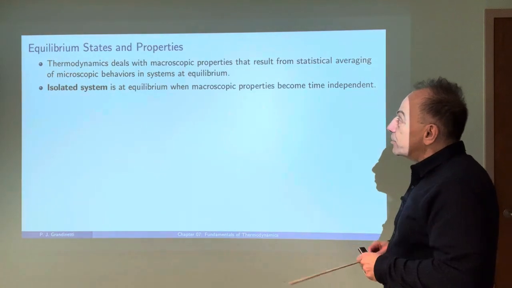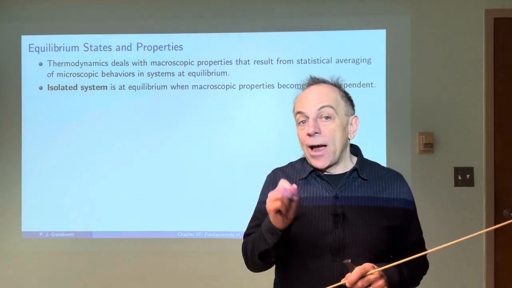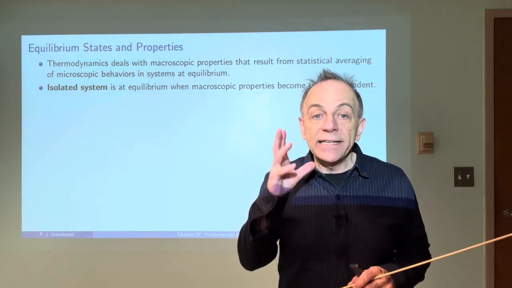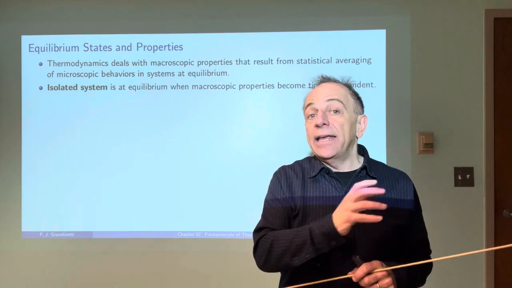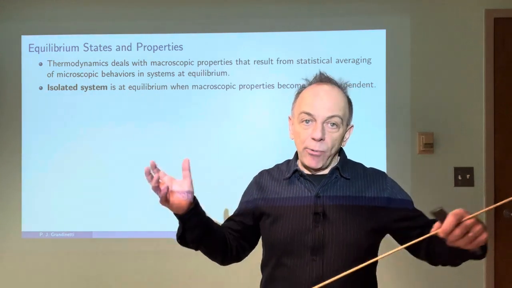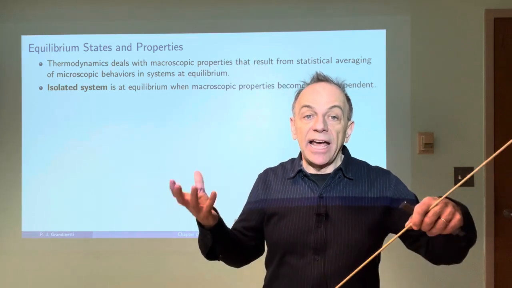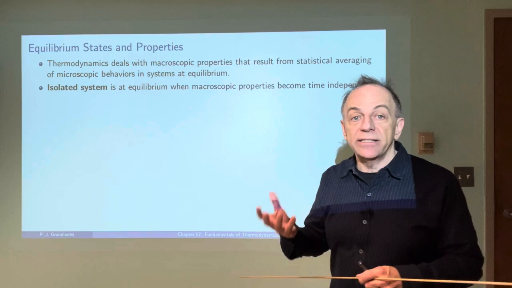Now, in thermodynamics, we're going to be interested in equilibrium states. What are the macroscopic properties that the system has once it comes to equilibrium? It can be in various types of equilibrium states, and we're going to see how we can connect those states. Once it's in that state, it has certain properties that we're interested in how to predict.